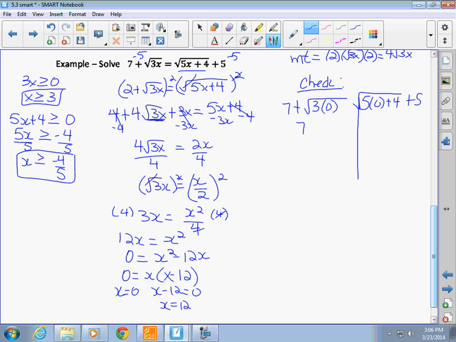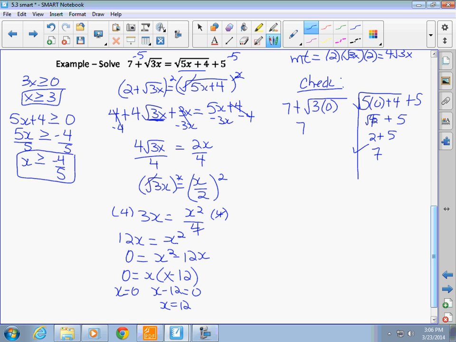So this is 7. 3 times 0 is 0, so it's just 7. And this side, 5 times 0 is 0 plus 4, square root of 4 plus 5, so that's 2 plus 5, so that is 7. So this one works.